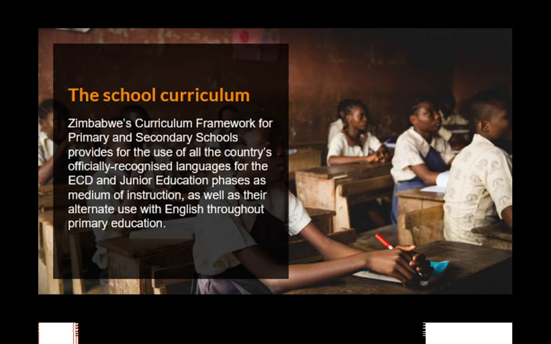So the school curriculum, we have to look at the school curriculum. Zimbabwe's curriculum framework for primary and secondary schools provides for the use of the country's officially recognized languages for ECD and junior education phases as a medium of instruction, as well as English throughout primary education.